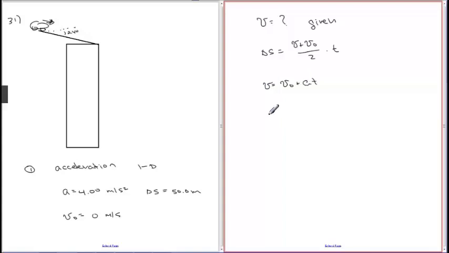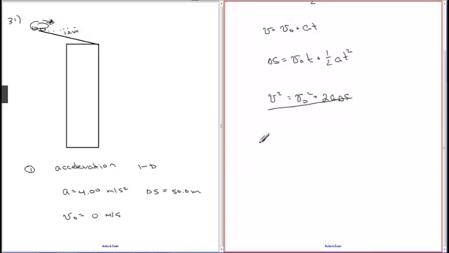Delta S is equal to V0 T plus 1/2 AT squared, and V squared is equal to V0 squared plus 2A delta S. Well, we're trying to find its final velocity. So here's final velocity, here's final velocity, and here's final. So it could be one of these three. This requires time, this requires time. We don't have anything about time yet. So it looks like this one makes the most sense, which is the right answer. So we'll just plug it in.